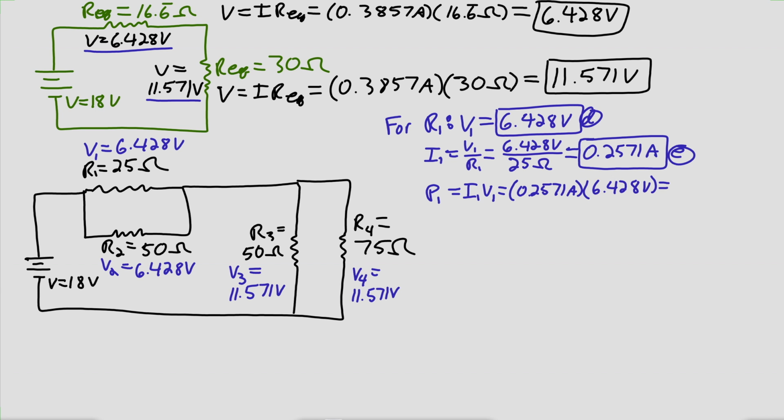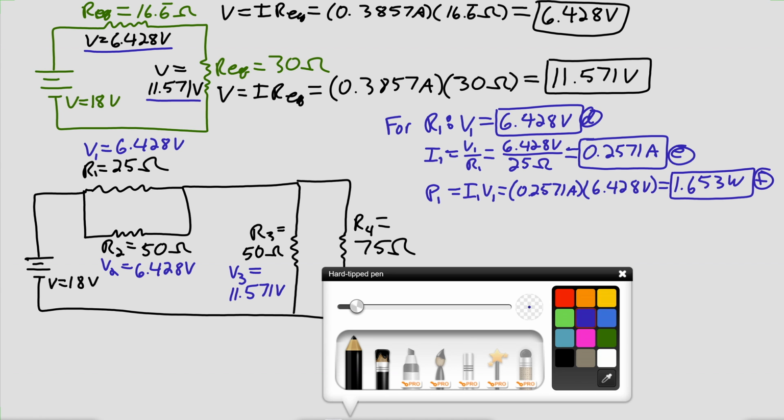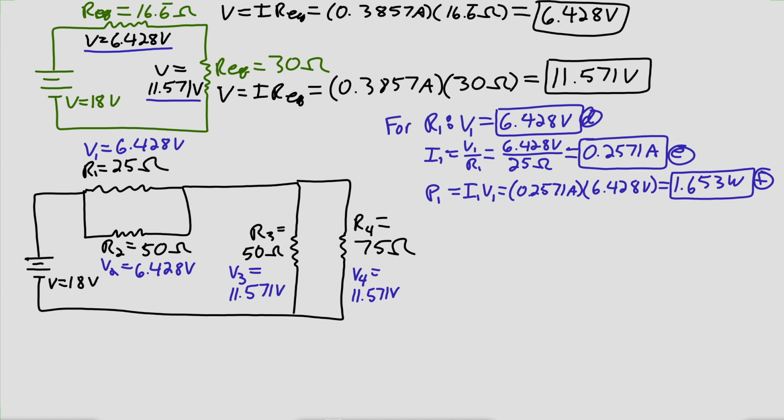This is going to give me a power of 1.653 watts. And that's one of my answers for F. So if we got one of these done, let's go on to the next one.